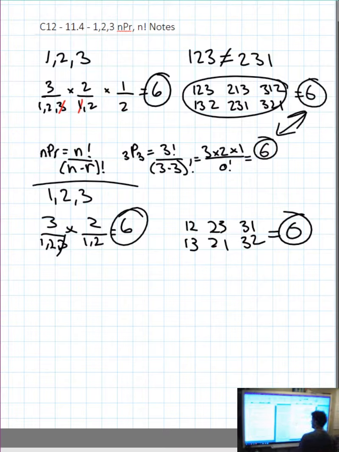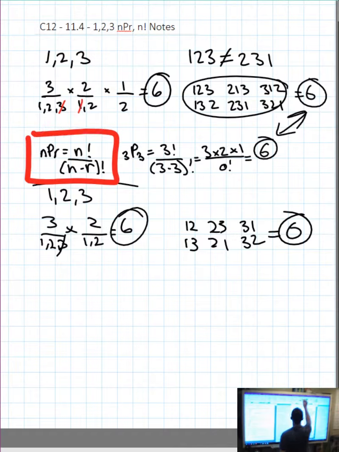And again, in the notes, you can do permutation notation, which would be, I'm going to use the formula from above. I'm going to put big red around it.